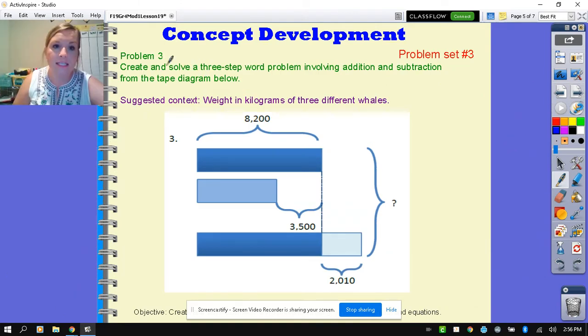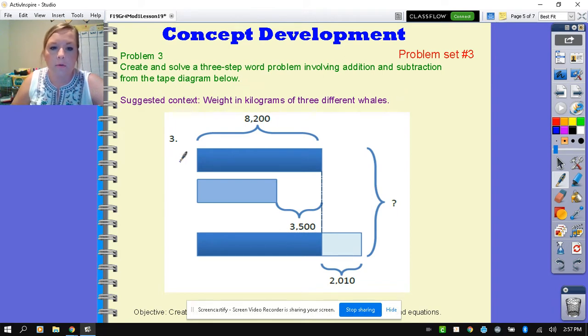So this one, it says to create and solve a 3-step word problem involving addition and subtraction. On this one, I'm going to simply help you set up the problem. I'm not going to help you solve it. So I want you guys to go through and solve it, and then we'll kind of talk about it. So they want us to do weight in kilograms of 3 different whales.